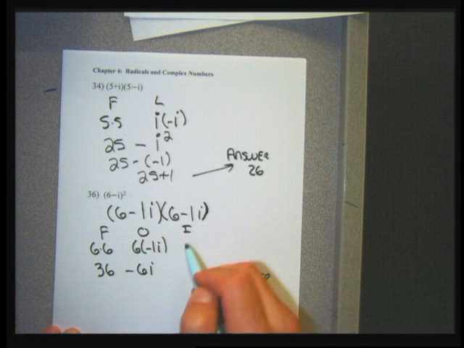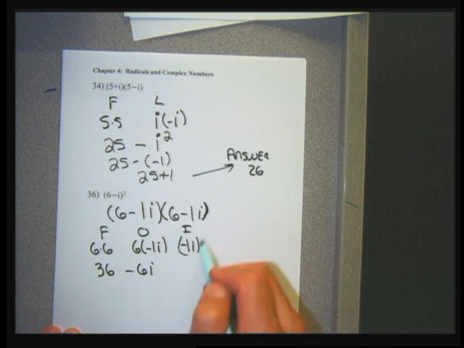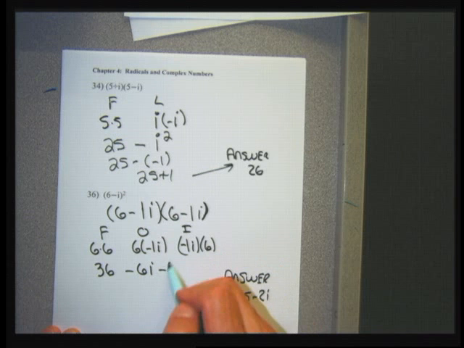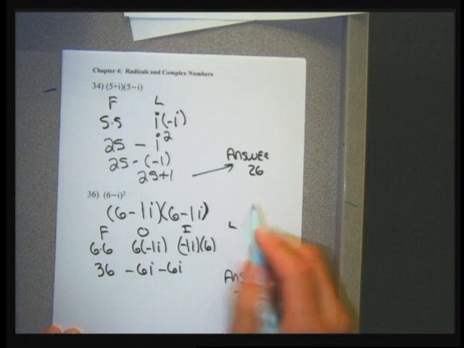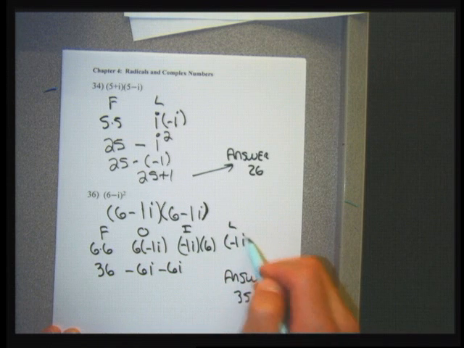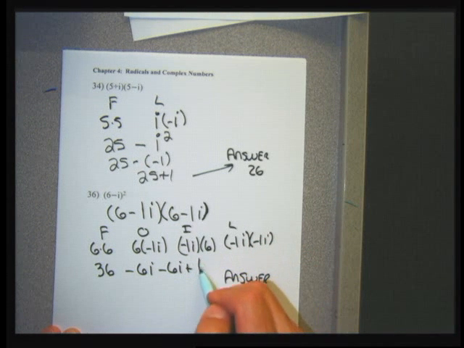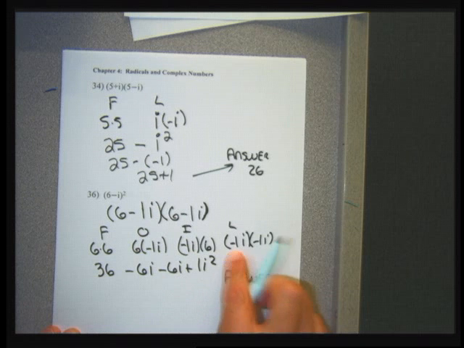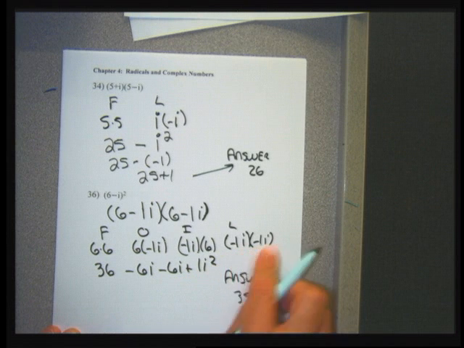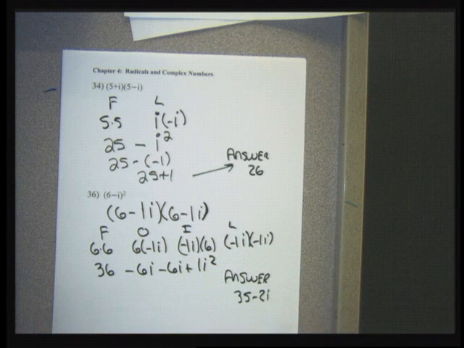The inners are minus 1i times 6, which is another minus 6i. And the lasts are minus 1i times minus 1i. That's a positive 1i squared, because negative 1 times negative 1 is positive 1. i times i is i squared.